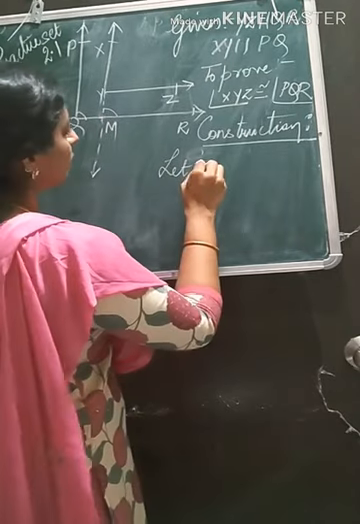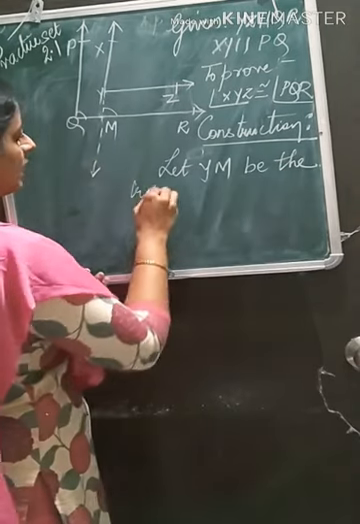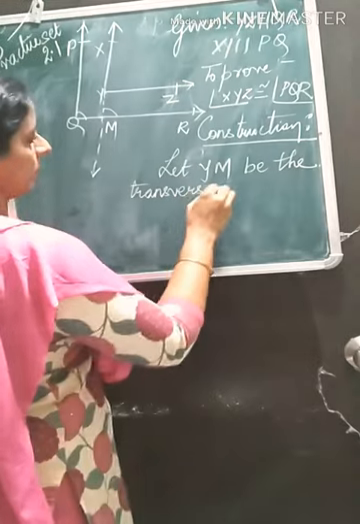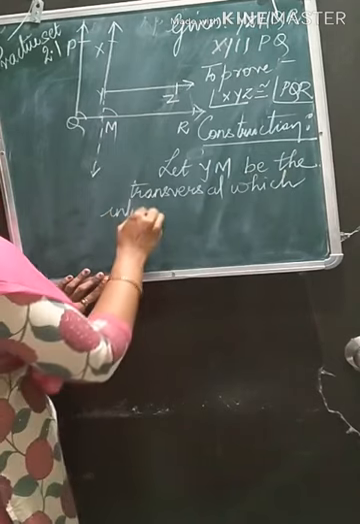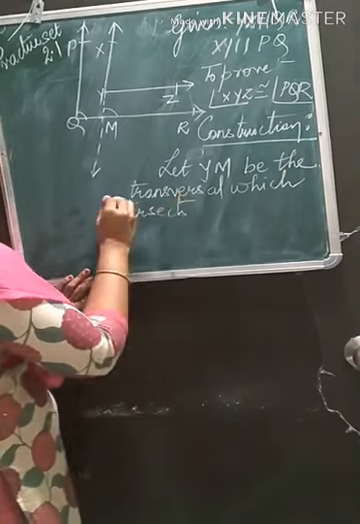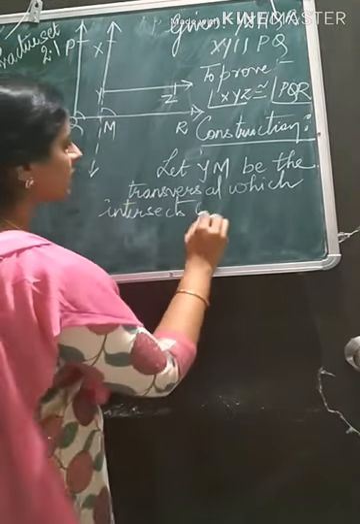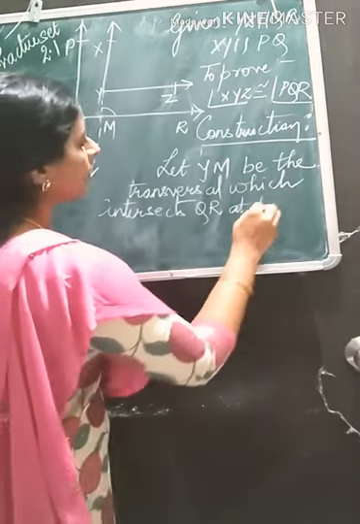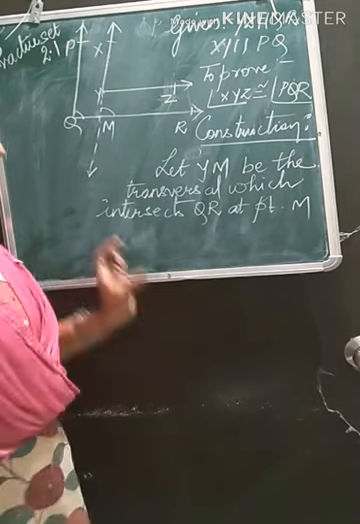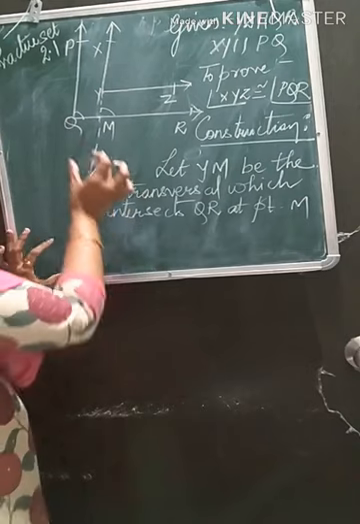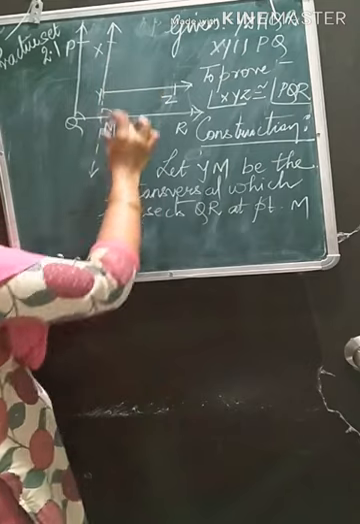Let YM be the transversal which intersects QR at point M. Such that, now we will write down the betweenness. What is the betweenness? Q-M-R, and here it is X-Y-M.